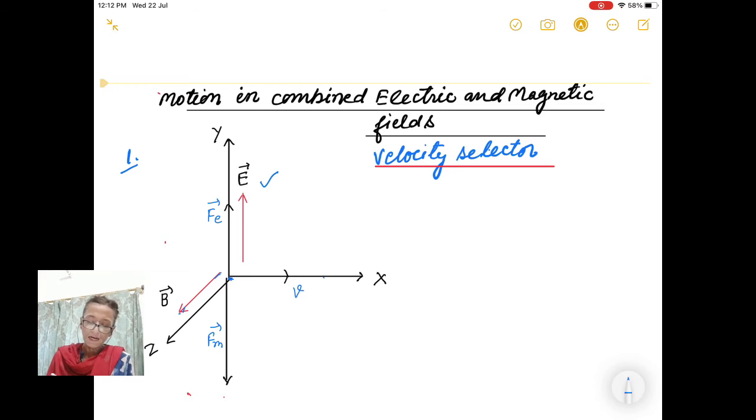From either the right hand thumb rule or screw rule, you can find the direction of the magnetic force. Force is equal to q v cross B. So starting from the first vector, if you go to the other vector, you find the direction of the vector product of the two, that is, the magnetic force is along the negative y-axis.